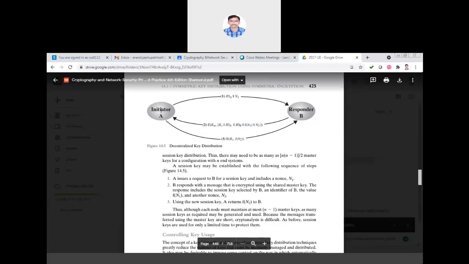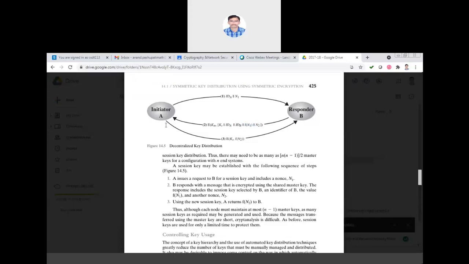Now, what in turn A can respond back to B is this: A has got the session key now. So A uses this session key to encrypt the message. No more does A need the master key, because A and B have got their session key using which they can communicate.